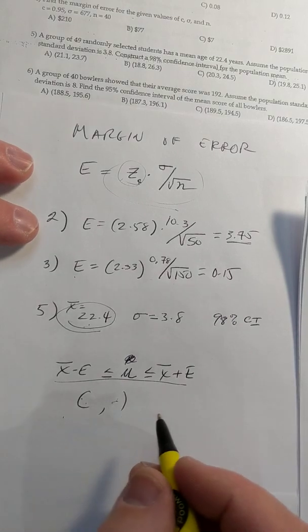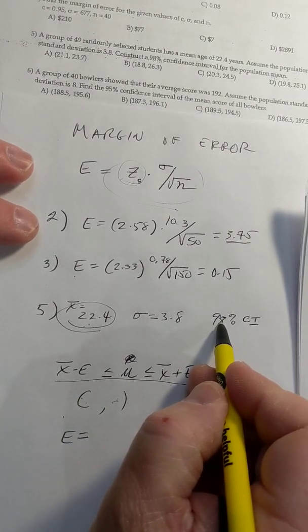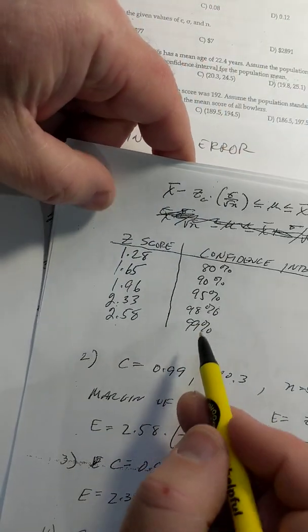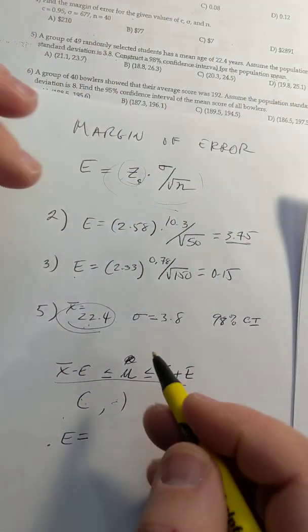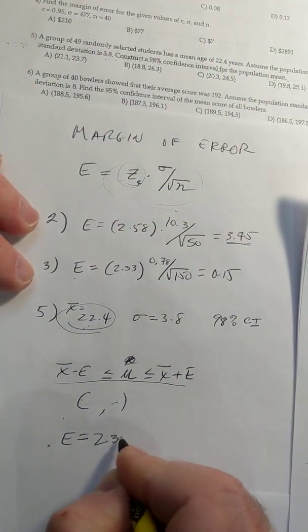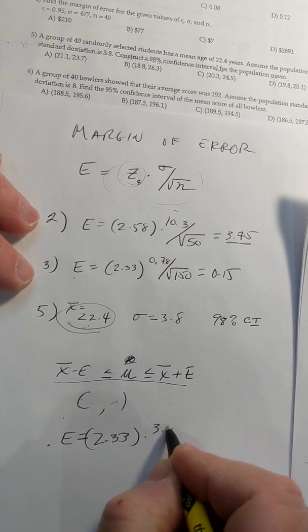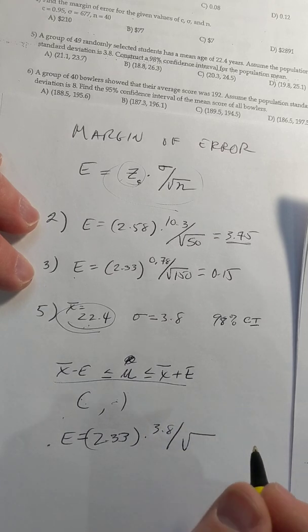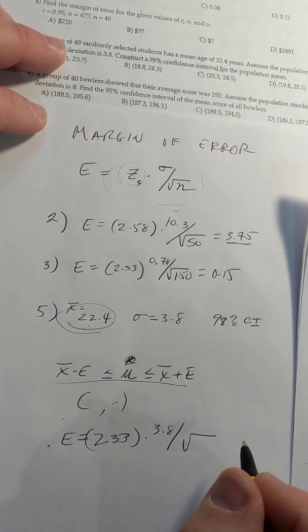So for our lower end, let's say we got to do our margin of error first. 98% confidence interval means we use 2.33 for our z. 2.33 times the standard deviation, 3.8, divided by the square root of the sample size, 49.